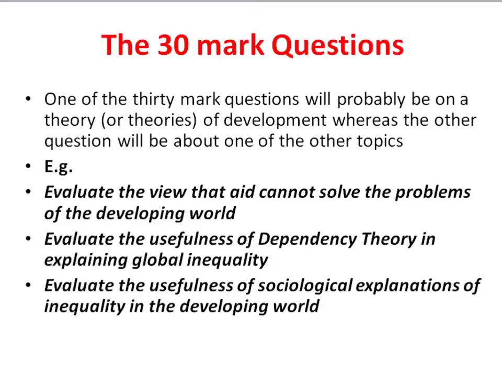Now, the pattern for most past examination questions is that normally one of the 30-mark questions is on a specific topic, so in this case the topic is aid, and then the other 30-mark question is a theory question, and that will either be a question that asks you to evaluate a particular theory, so in this case the specific theory that you need to evaluate is dependency theory, or it will be a more general question where you've got to evaluate a range of theories.